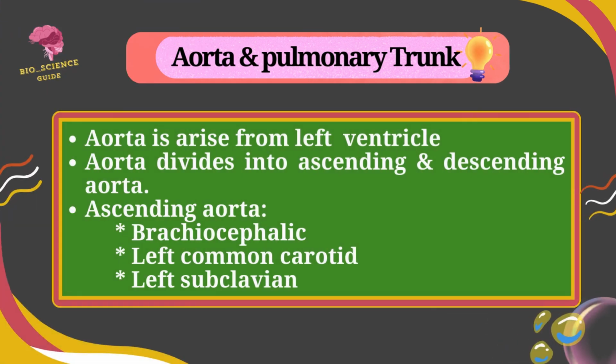Aorta and pulmonary trunk. The aorta arises from the left ventricle and divides into ascending and descending aorta. The ascending aorta again divides into brachiocephalic, left common carotid and left subclavian.